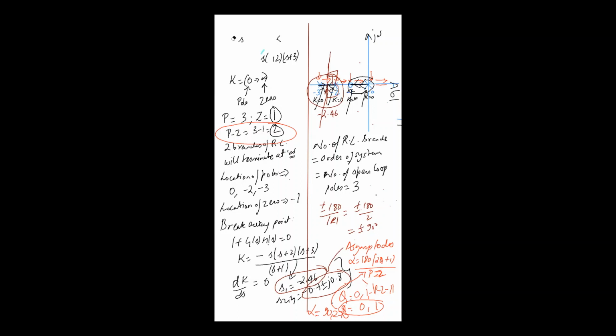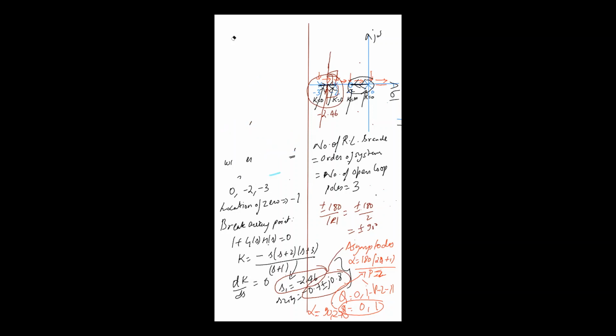I will just erase some part of it. Yes. So the values of alpha that we are getting are 90 degrees and 270 degrees. This is alpha, the angle of asymptote. Now you need some point where you can draw these angles. That point is called the centroid. We have seen this in the previous class also, given by sigma. How to calculate the centroid?